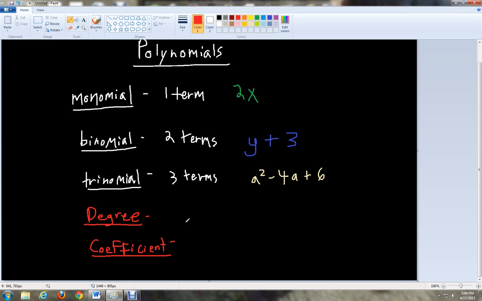So you want to add all the exponents together.